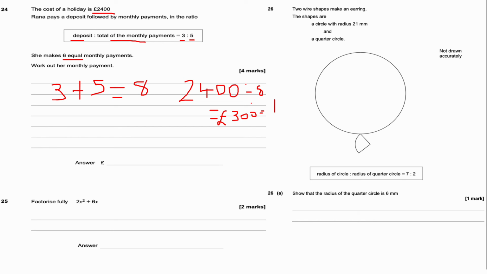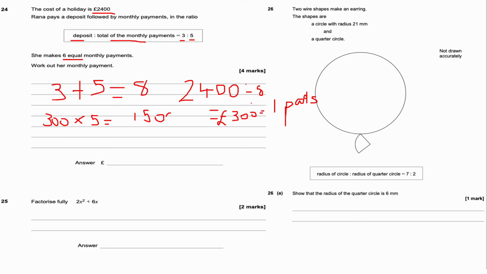That means the total of the monthly payments is 5 parts. So I'm going to multiply this number by 5. 300 times 5, well, 3 times 5 is 15, and then add on the 2 zeros, I get 1,500.